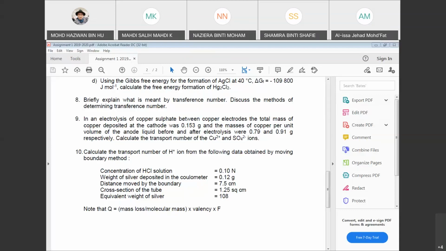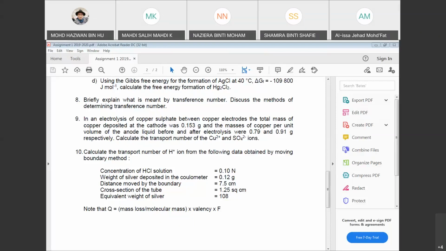F is the Faraday number. If you put this in the formula, remember that the formula for calculating the T plus is equal to S multiplied by L multiplied by F multiplied by C over Q, times 1000. Okay.